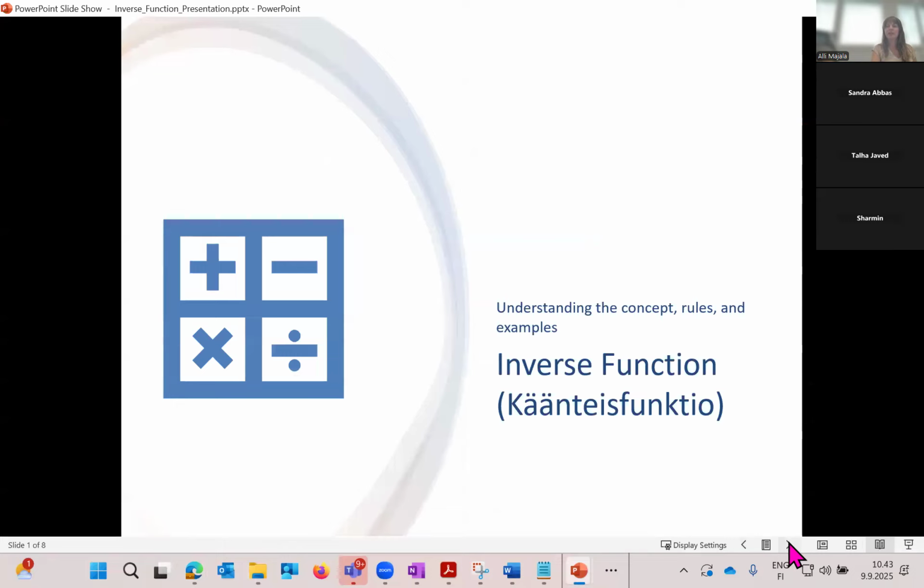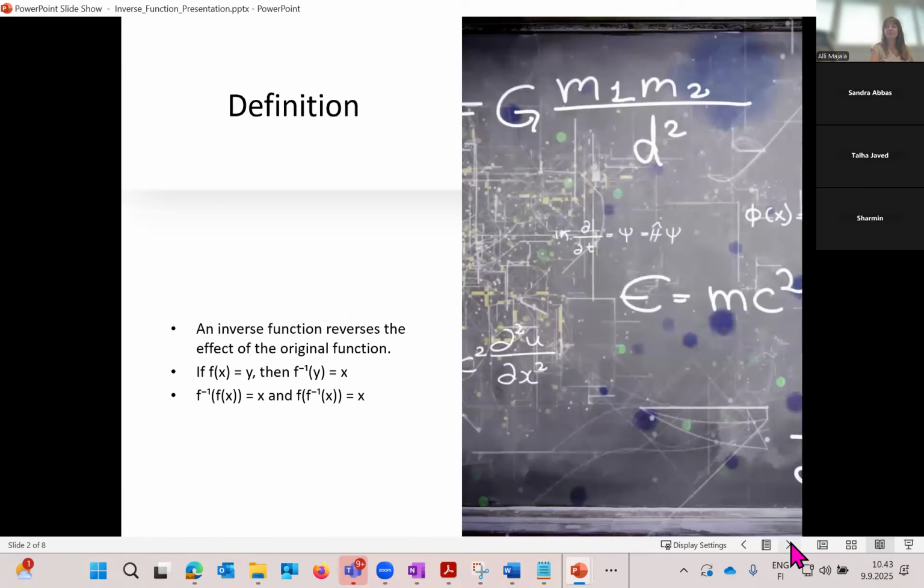Okay, so we did this kind of inverse function. Just like that. Has somebody of you heard about inverse function before? Maybe the ones of you who did some more advanced maths. Inverse function reverses the effect of the original function.